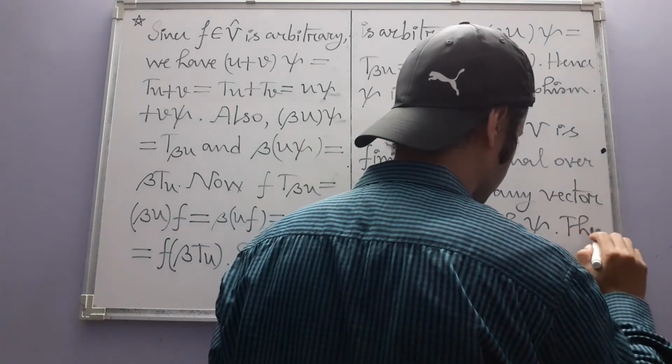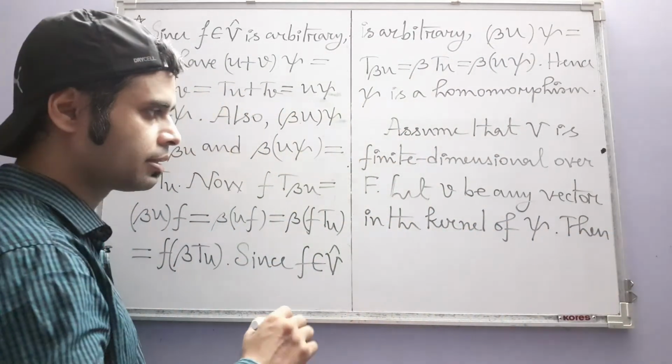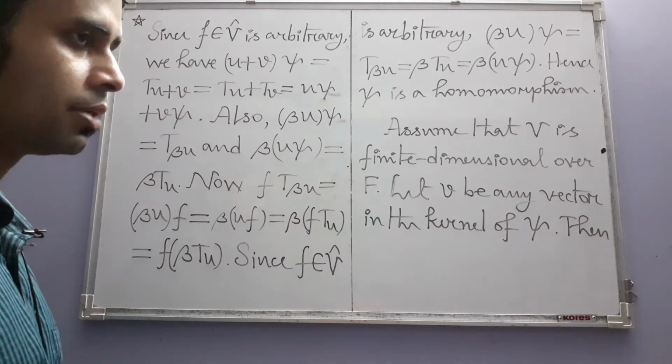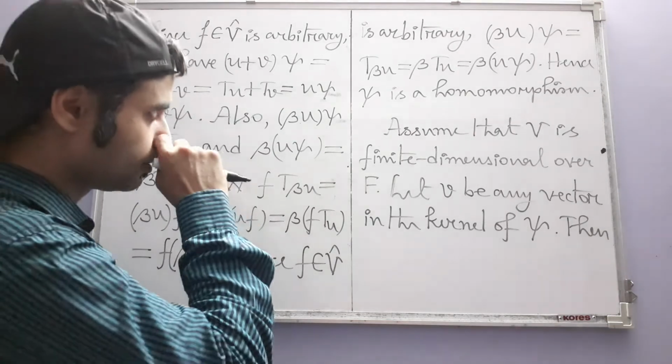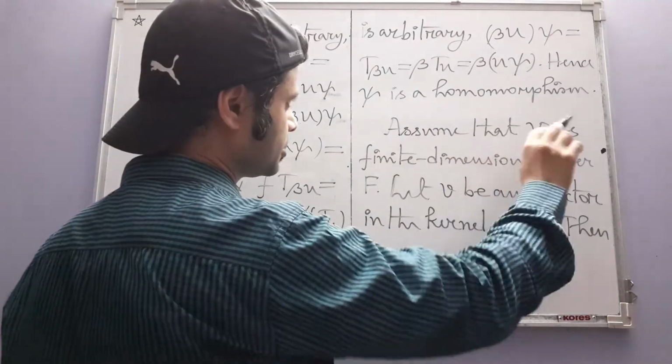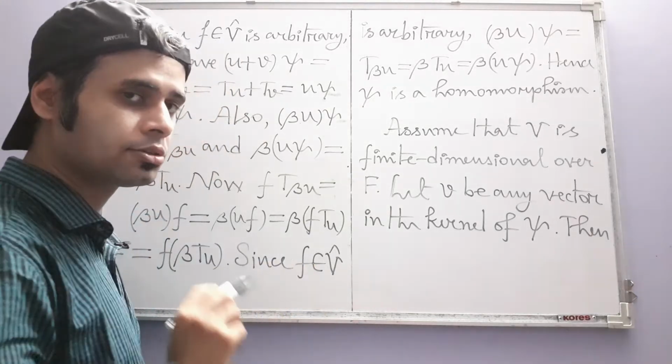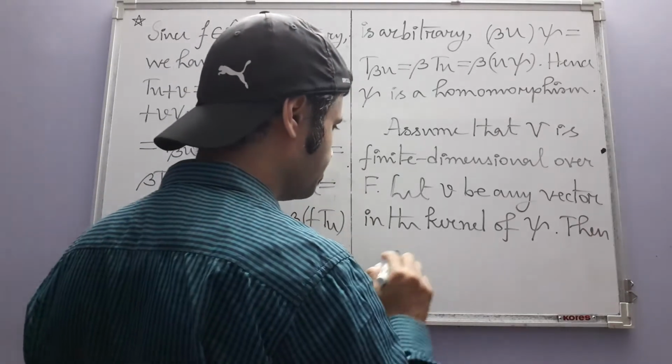Then the image of v under psi will be the zero element, but zero element where? Zero element in the second space, that is the second dual of V.